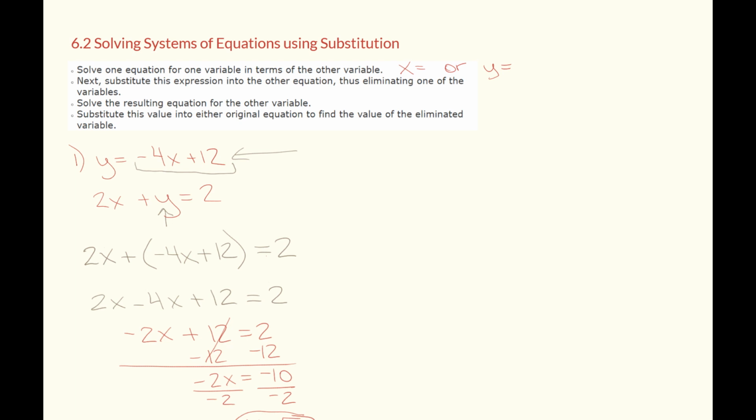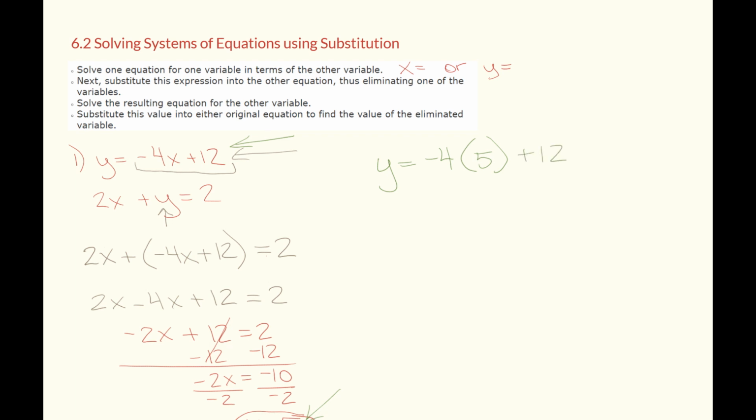What I'm going to do, you always want to try to do the easiest thing possible. So let's go back up to this first equation that was already solved for y. I'm going to take that, y equals negative 4x plus 12, but we found in the answer that x equals 5. So I'm going to write y equals negative 4 times 5 plus 12.